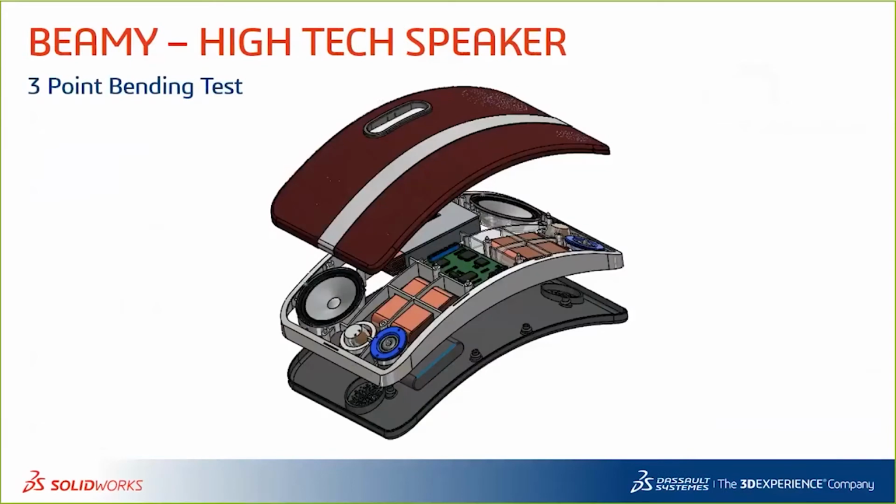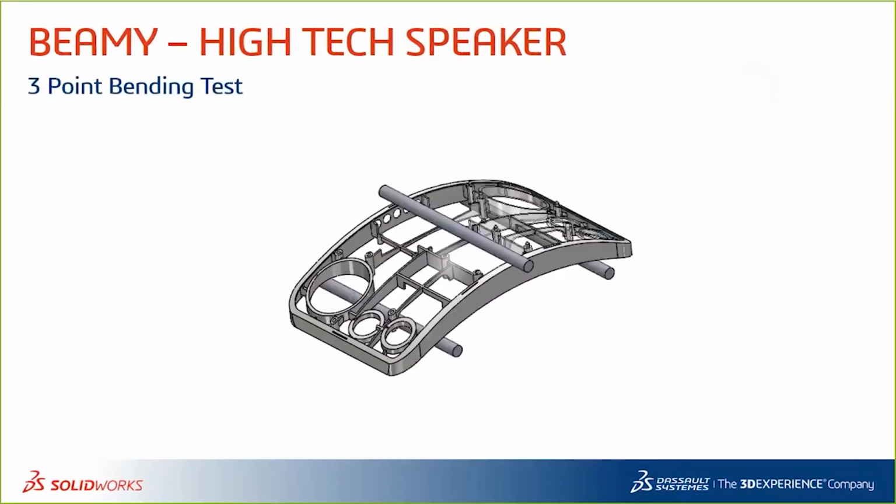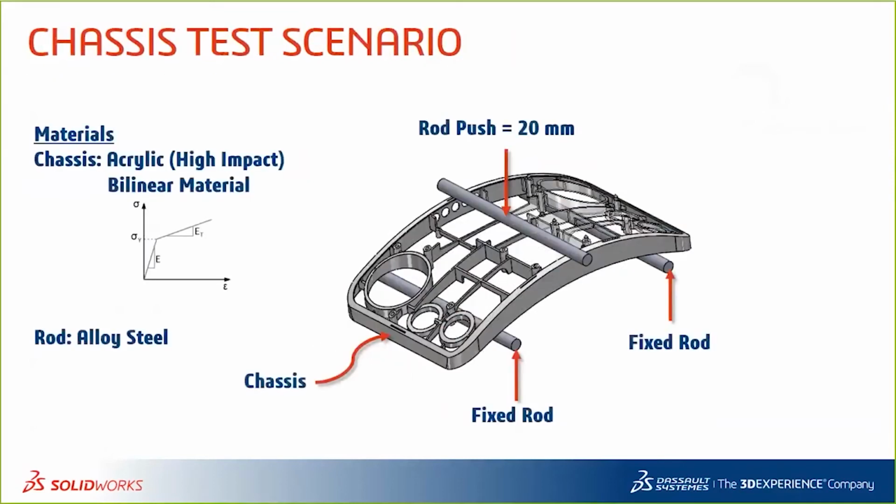Simplifying the assembly, you can see that we only have the chassis left. To simulate that 3-point bending test, we've included 3 rods, 2 of which are fixed, and 1 will be pushing right down the middle at 20 millimeters.